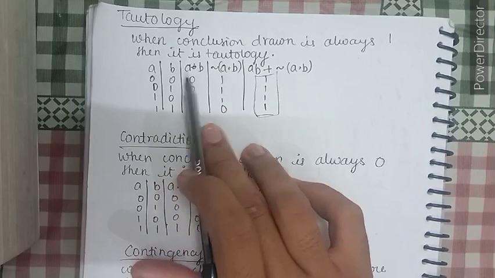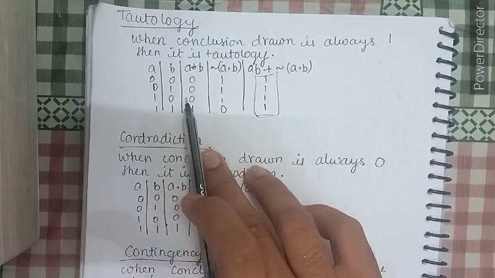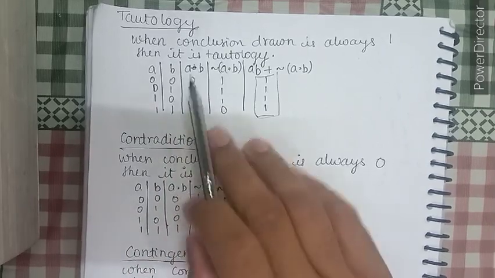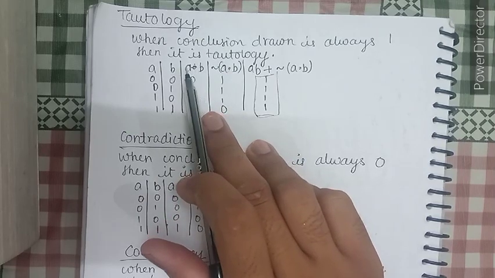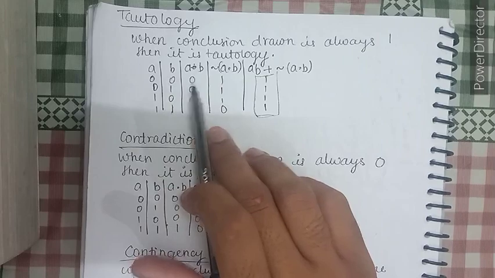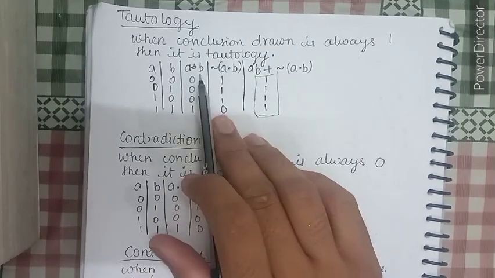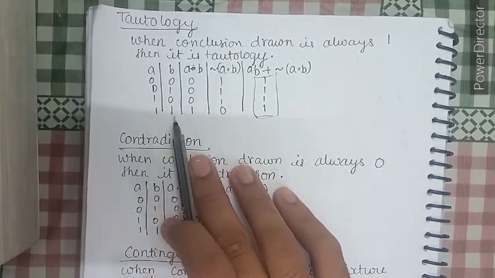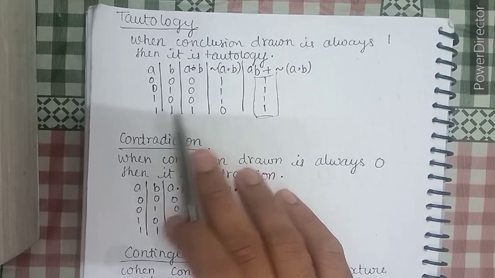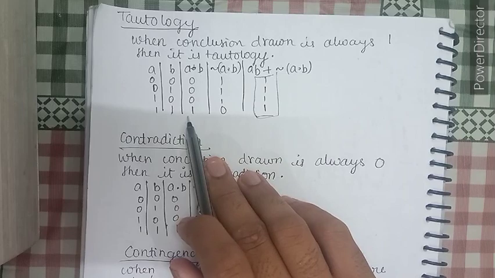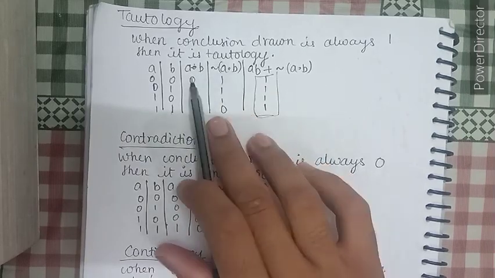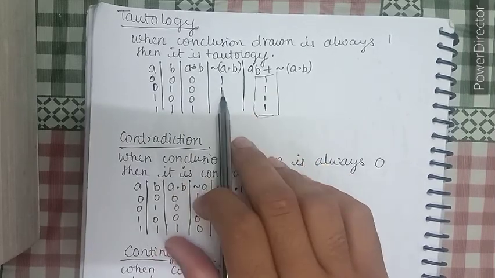A dot B, where dot represents AND, gives 1 only when both are true. So A dot B is 0 0 0 1.